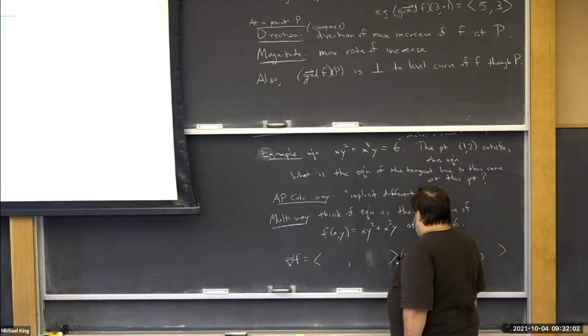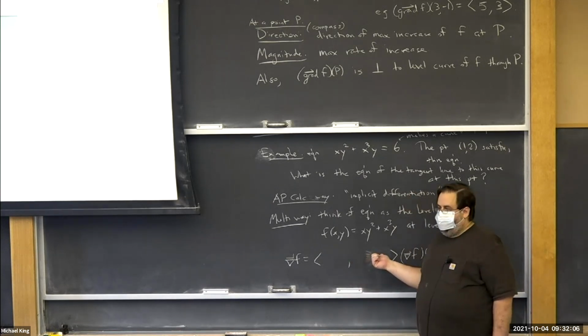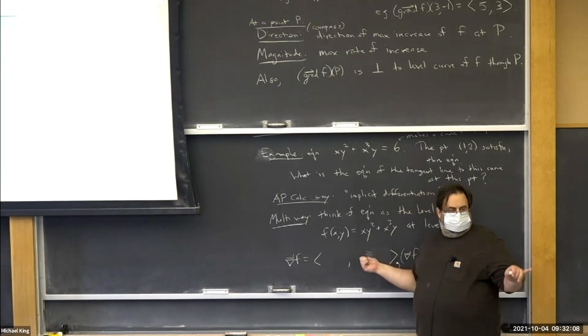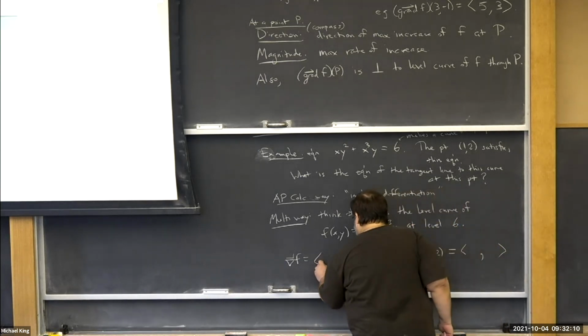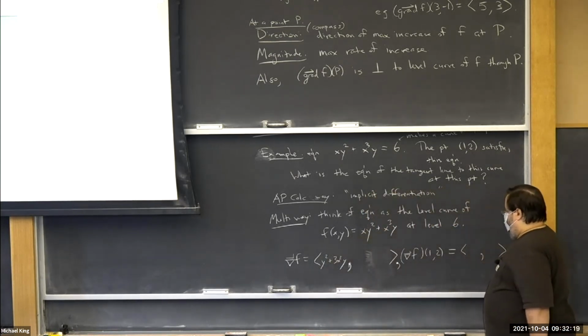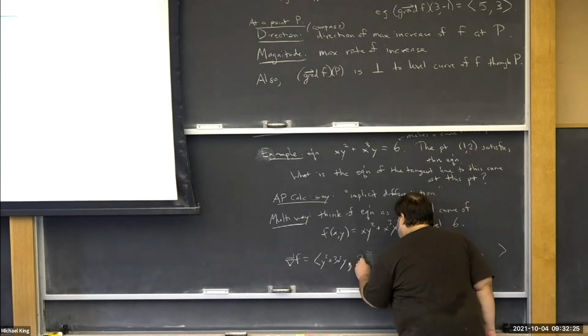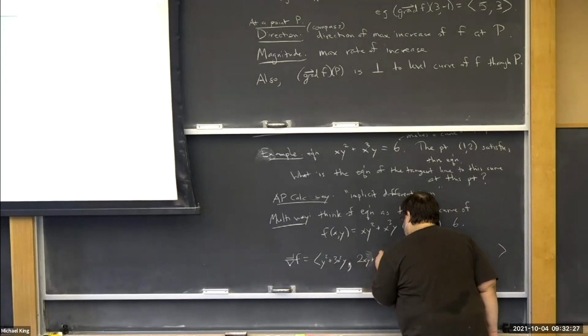Okay, so what's the partial x here? Someone tell me. y squared plus 3x squared y. Yeah, you're treating the y as a constant here, right? So that's good. And then what? 2xy plus x cubed.